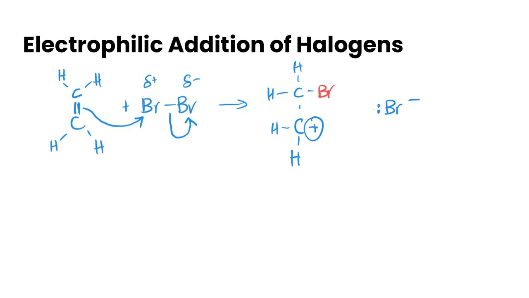So then the lone pair of electrons on the Br minus are going to attack our carbocation center, and that's going to create our final product, which I'm just going to draw out here, a 1,2-dibromoethane. So let's put the bromines on both. So you can see, very similar pattern to the last example that I showed you.